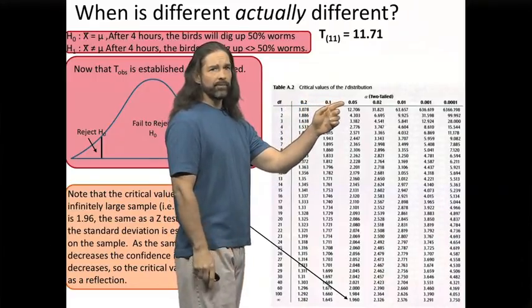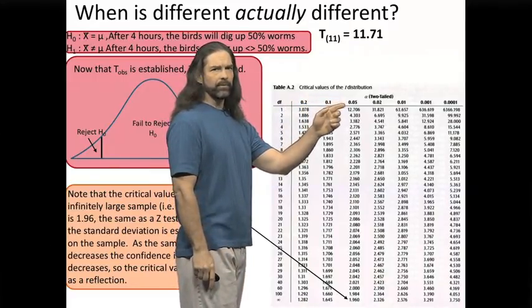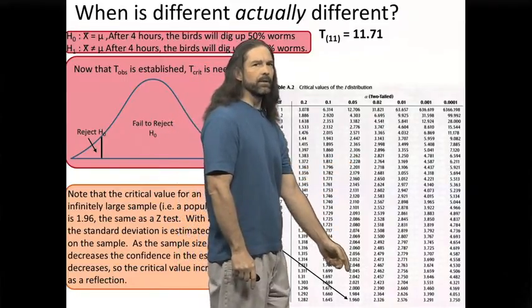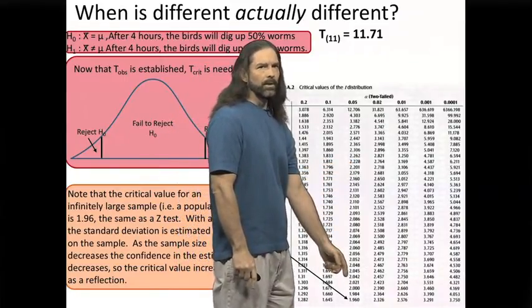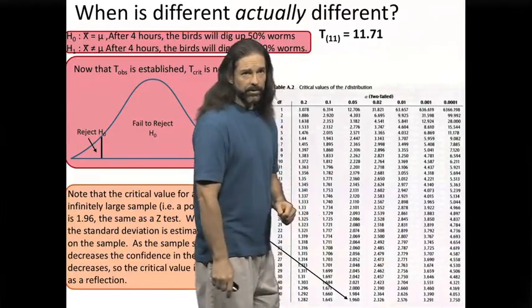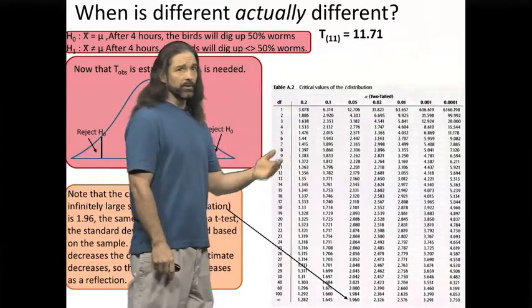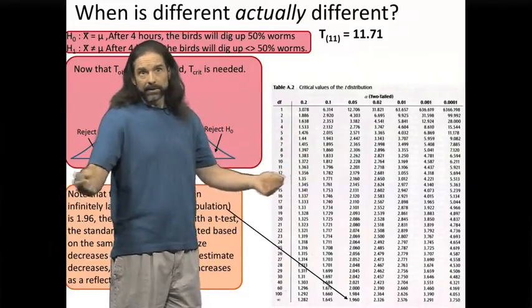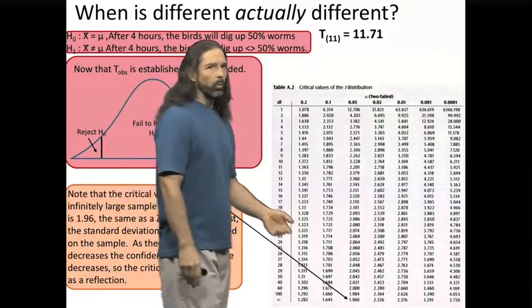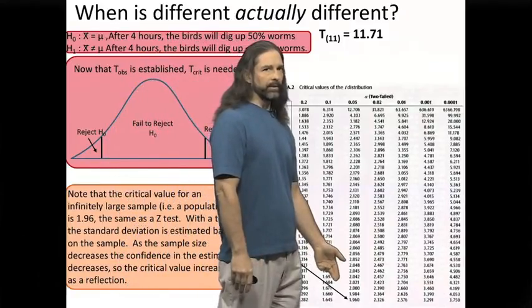We've been using alpha of 0.05, so if I look at alpha of 0.05, follow that all the way down to an infinitely large sample, note that my critical value is 1.96. So a z distribution is an infinitely large sample. That's what a population is. But we aren't dealing with infinity. We'll never get down there.